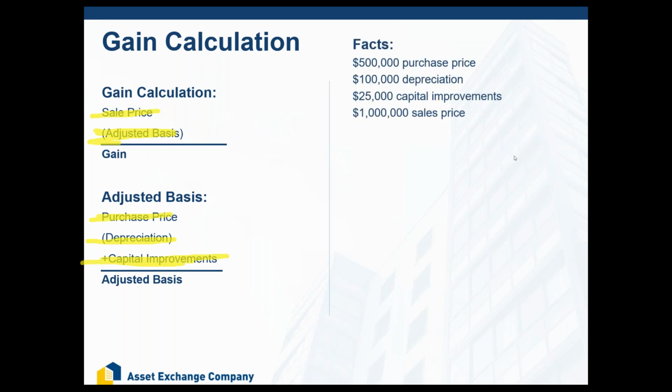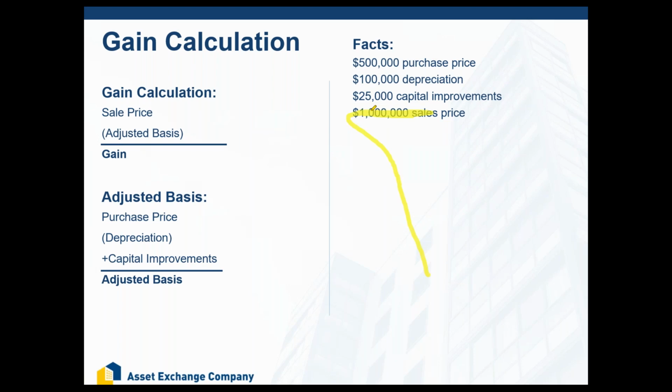All right, let's assume I bought a property for $500,000 way back when, and I've taken $100,000 of depreciation over the time I've owned it, and then at one point I had to put a new roof on, and that's a capital improvement, and that cost me $25,000. I am now in contract to sell my building for a net sales price after commission and closing costs of $1 million.